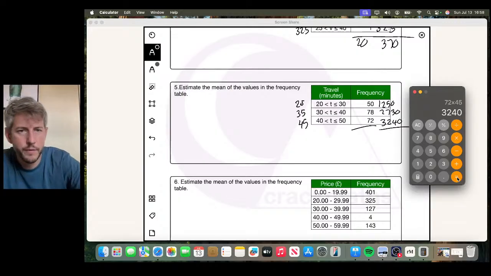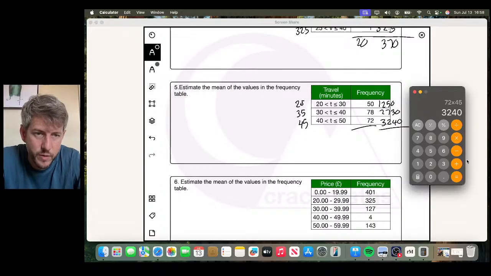Okay, and now total up the frequencies and total up the midpoint times frequencies.